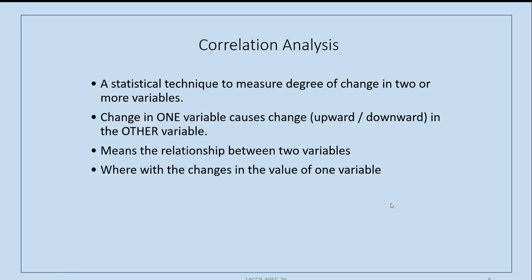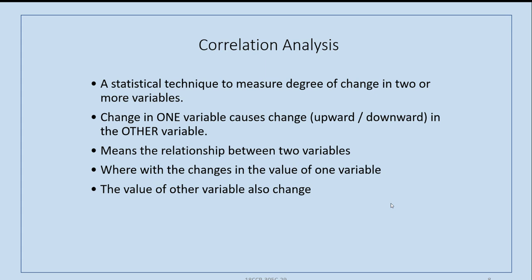Now we will see what is correlation analysis. Correlation or correlation analysis. Correlation is a statistical technique which is used to measure degree of change in two or more variables.